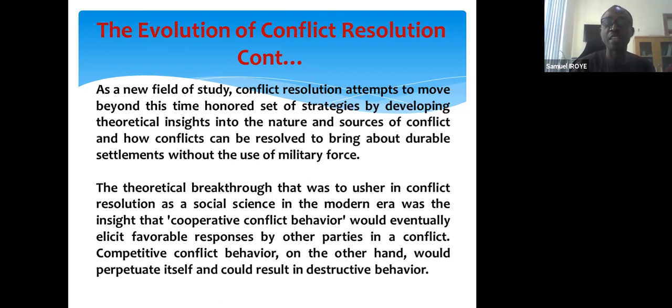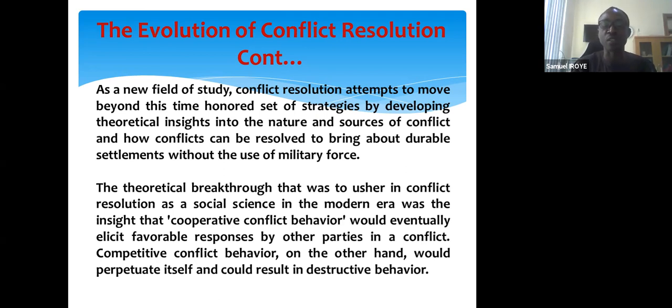It quickly moves them out of a conflict situation to a better situation, which we now tag as conflict transformation. That is, bringing the conflict to an end and getting a viable solution to the conflict.